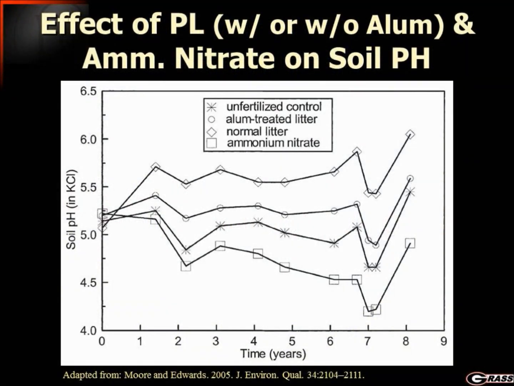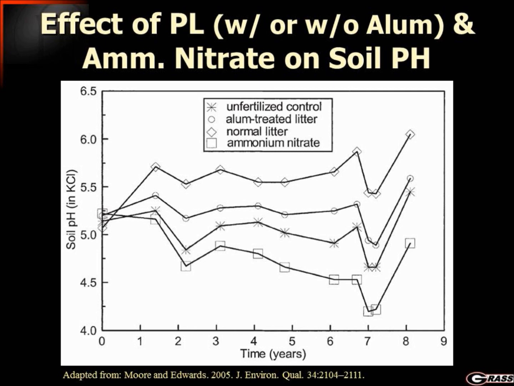This is some work that was done out in Arkansas, just as applicable here as it was out there. On the left-hand side here, we have soil pH in KCl. And all you need to do is just mark through that and add 0.6 to all of those points. So instead of 5.0, this should actually be 5.6 on a pH scale that you're normally dealing with, water pH.